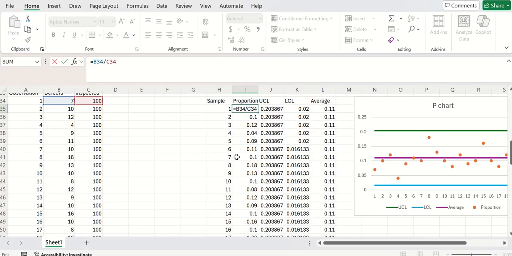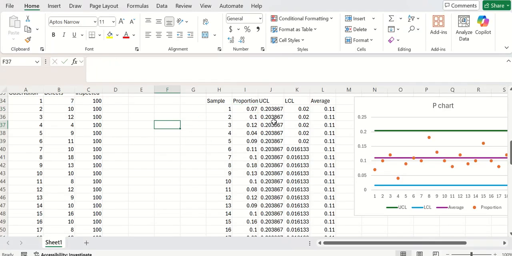They're for each day. Upper control limit, we just calculated. Lower control limit, we have calculated. Average is here. And the reason that these numbers here don't look exactly like the others is because the number of significant digits wasn't correct.